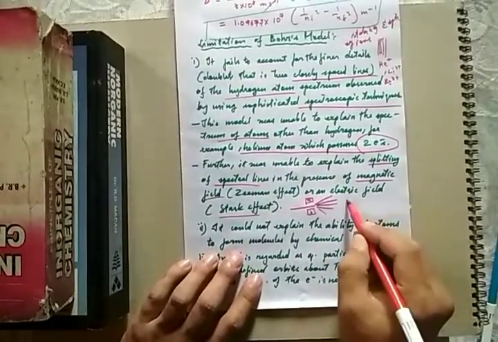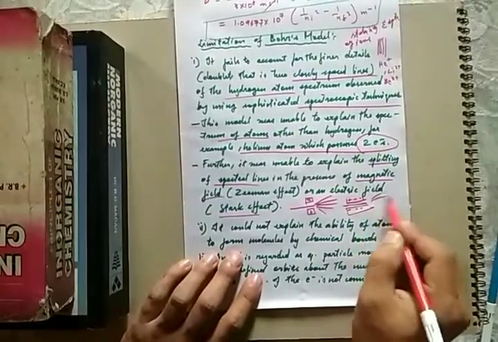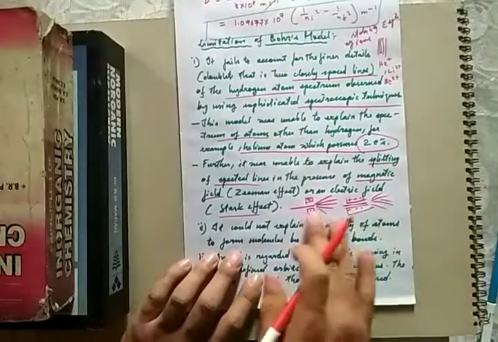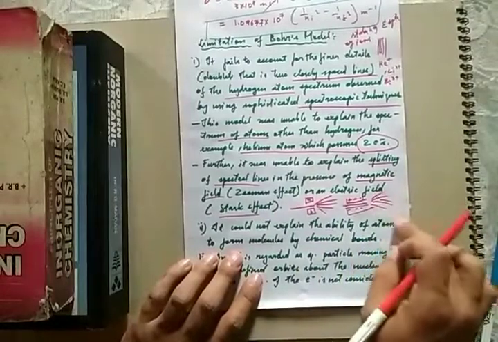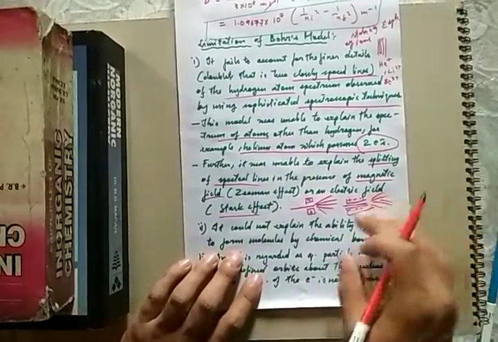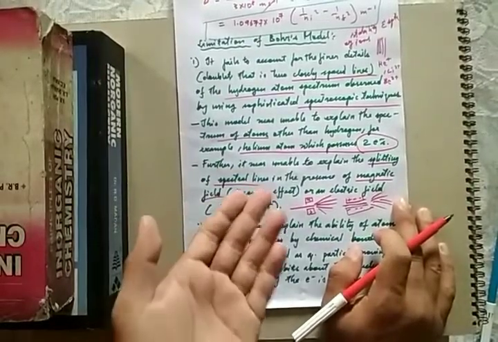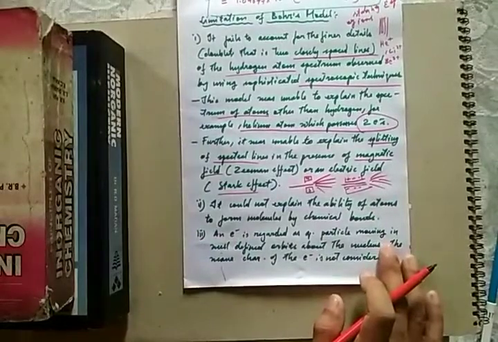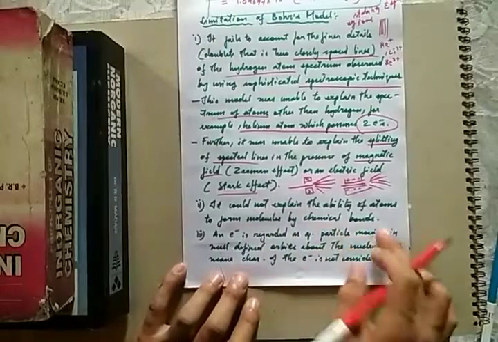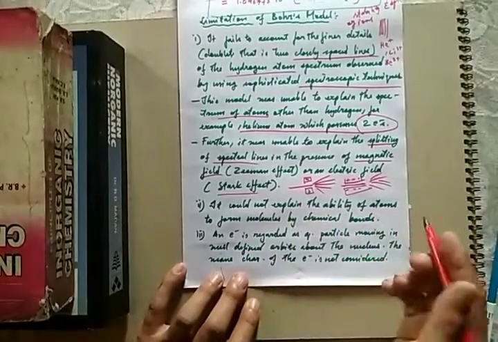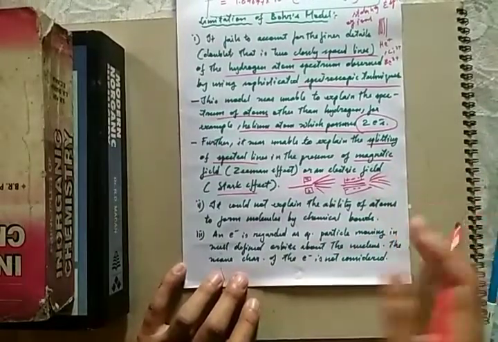Likewise, in the presence of an electric field also, the splitting of spectral lines takes place in discrete lines. So this theory again failed to explain it. It could not explain the stability of atoms to form molecules by chemical bonds.